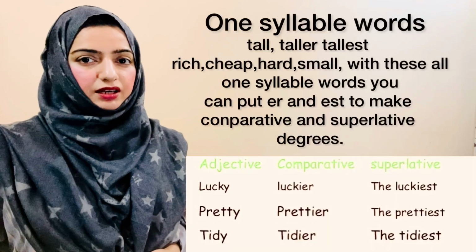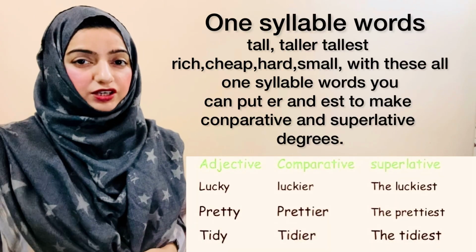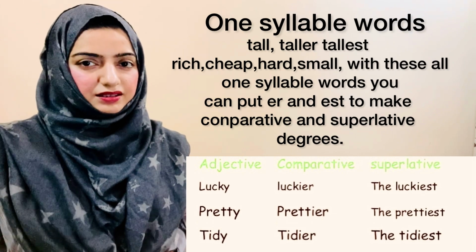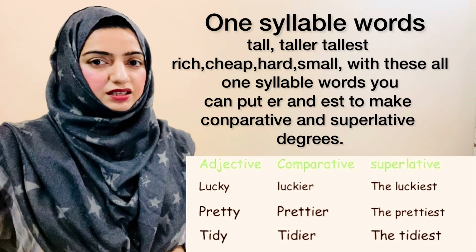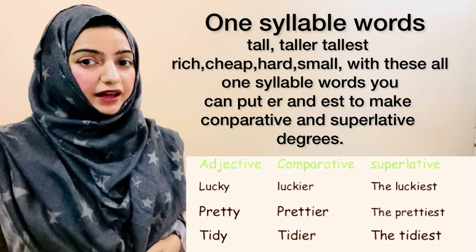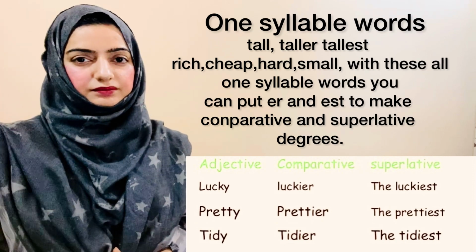Let me share with you a few more words with one syllable. For example, tall, taller, tallest, rich, richer, richest, cheap, cheaper, cheapest, hard, harder, hardest, small, smaller, smallest. With all these one syllable words, you can add er and est to make comparative and superlative degrees.